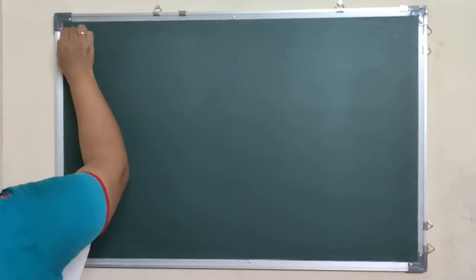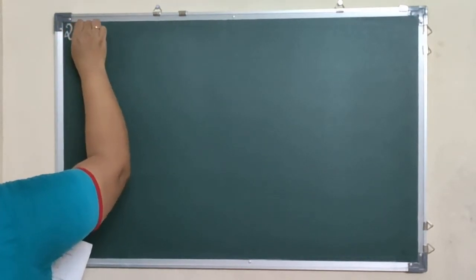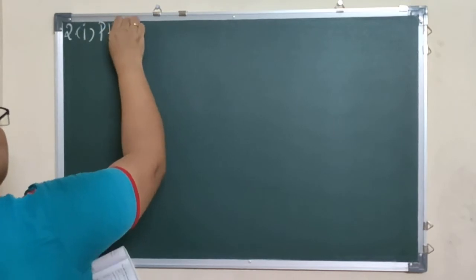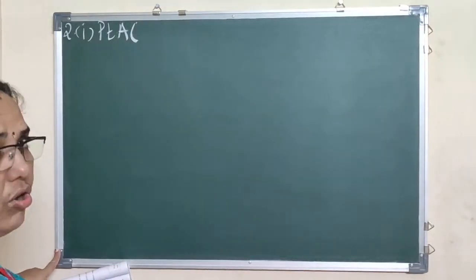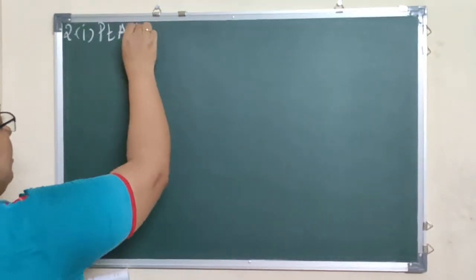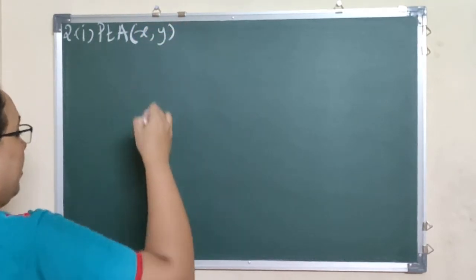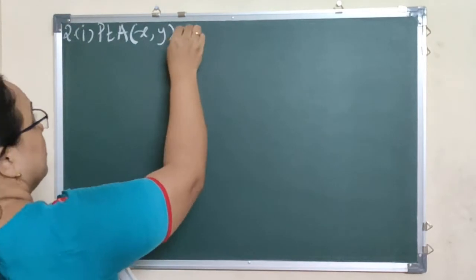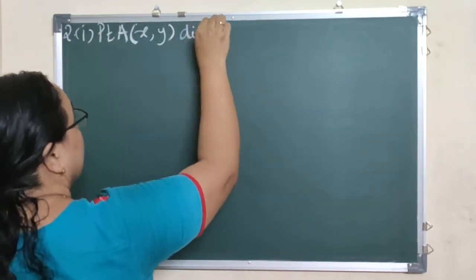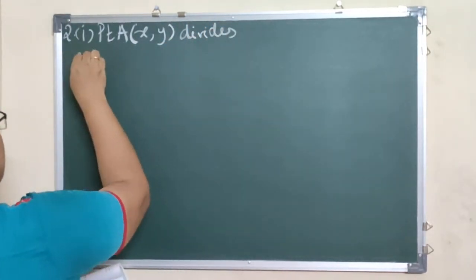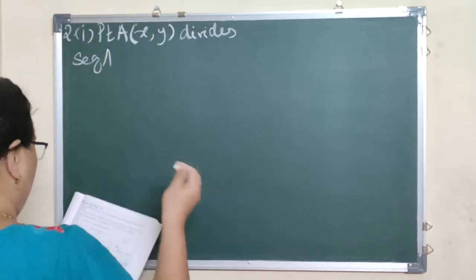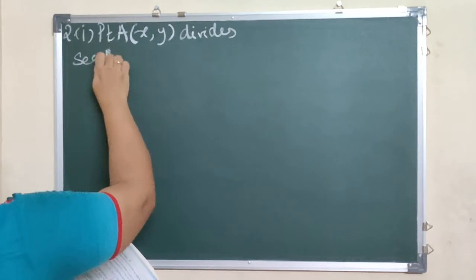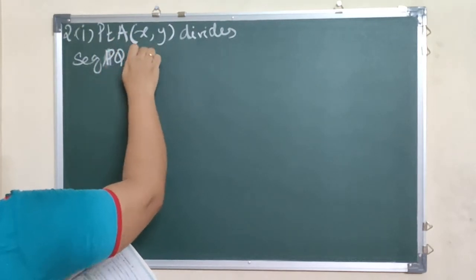Point A. So the coordinate of point A is not given, so let us take it as x comma y. Point A, x comma y divides segment PQ in the ratio.